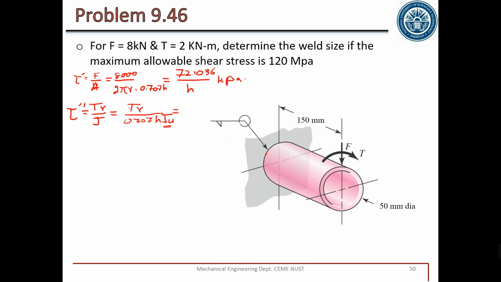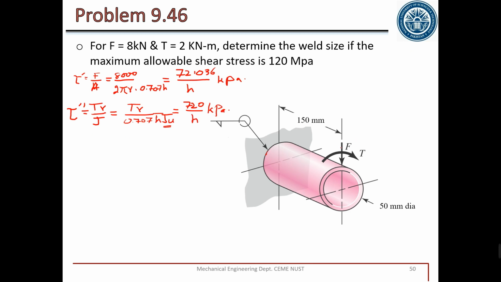So T is 2000, R is 25 mm, H is unknown, and JU is 2 pi r cube. We have all the values. Substituting the values gives secondary shear equal to 720 by H, units kPa.